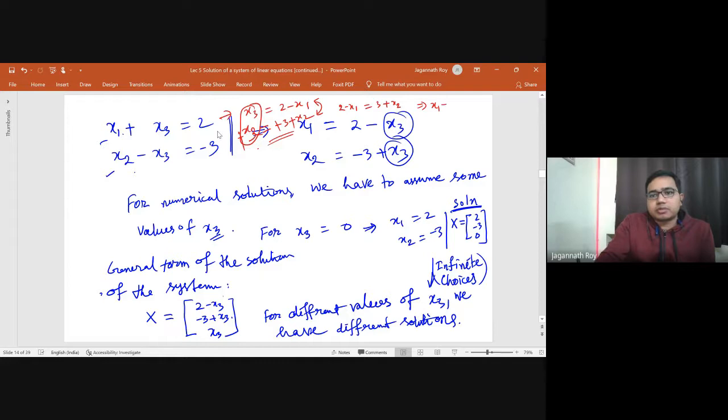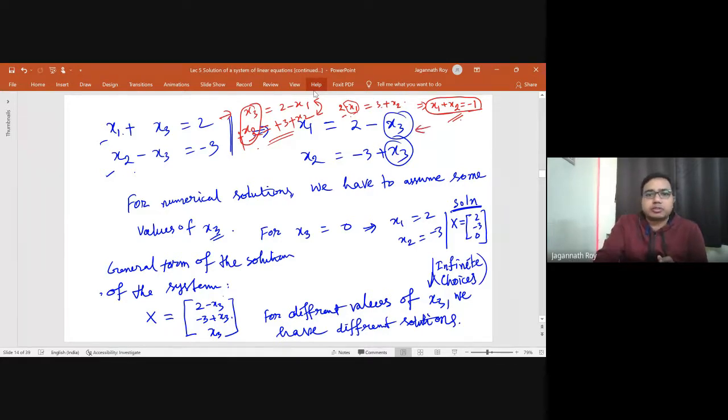So x1 plus x2 becomes minus 1. Again, we are getting one equation. So we have to choose which variable should be on the right hand side.